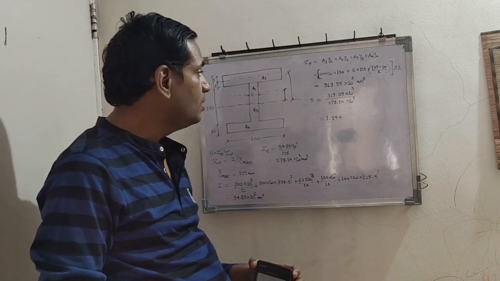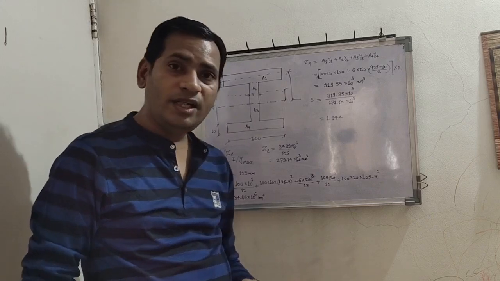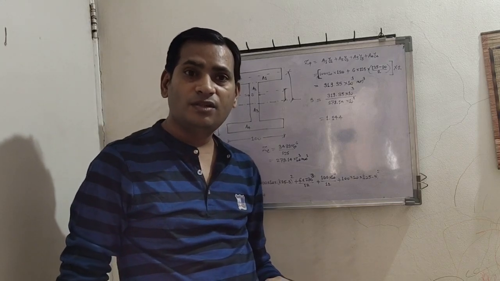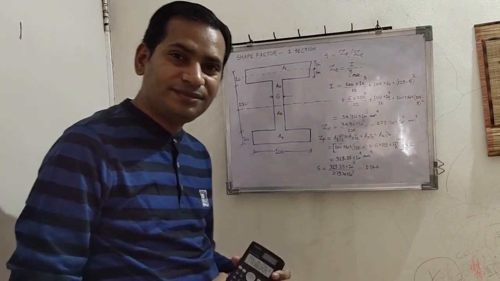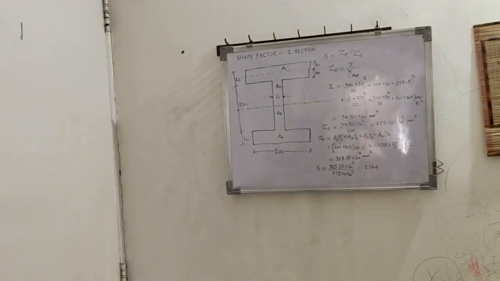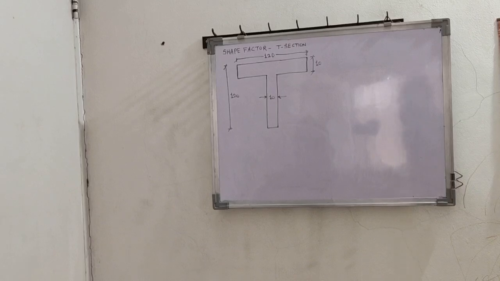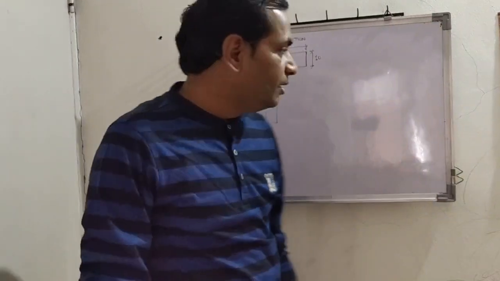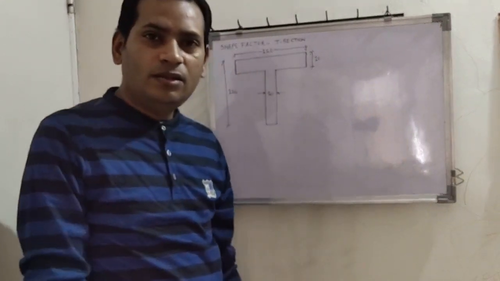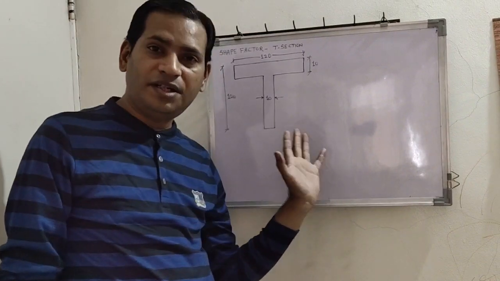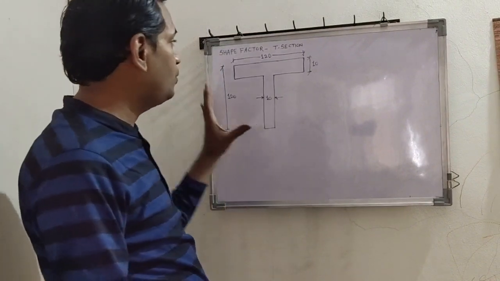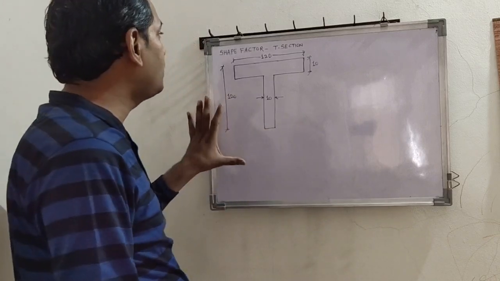Now we shall see shape factor for a T beam or T section. Now we shall solve or find the shape factor for T section. Here are the cross-sectional dimensions of the T section.